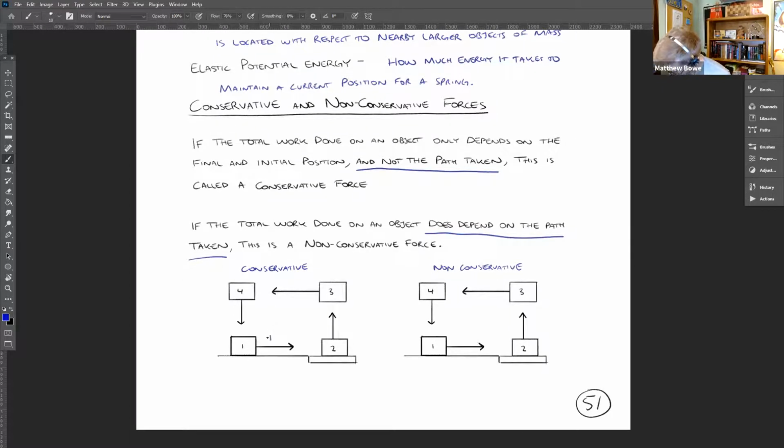If I put in some positive work in the X direction, and then the crane lifts it up, positive work in the Y direction, and then it brings it back, negative work in the X direction, then it lowers it down, negative work in the Y direction.